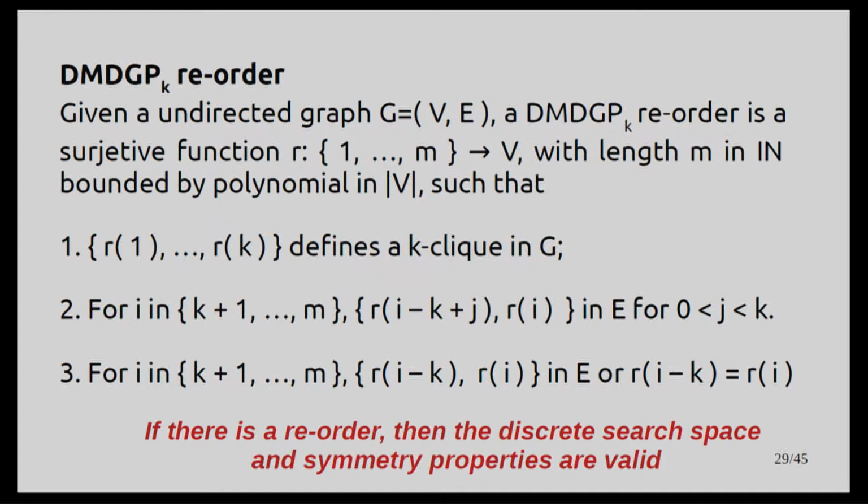And the other one is that you have a sequence of points, they must be a clique. And the last one is that if the points are consecutive, either we have an edge, or they are equal. This is basically the idea.